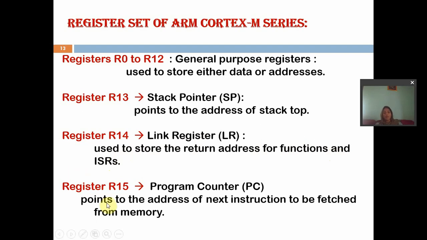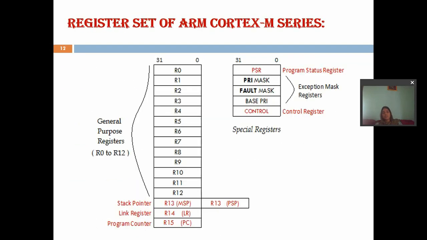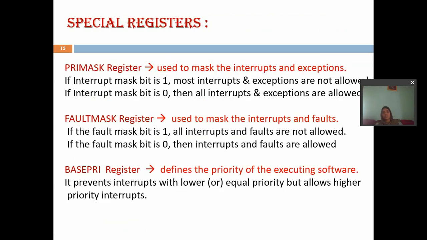Next, R15 is the program counter. It points to the address of the next instruction to be fetched from the memory. So these are the 16 different types of registers, general registers and special registers.